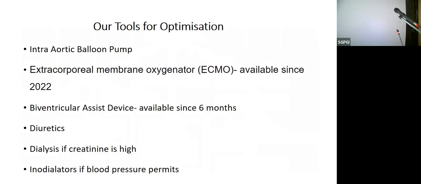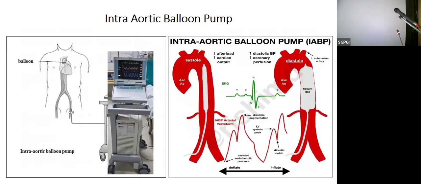Now, as I told you earlier, I'll explain about ECMO and IABP. What are our tools of optimization in such a patient? First is the intra-aortic balloon pump. What is an intra-aortic balloon pump? It's a console with a catheter going into the aorta, and there's a balloon inside the aorta which inflates during diastole.